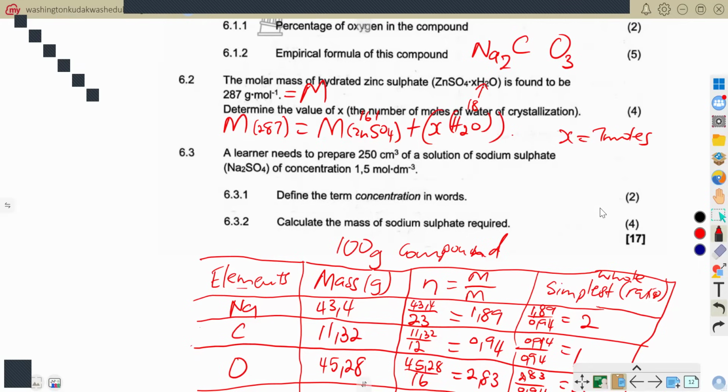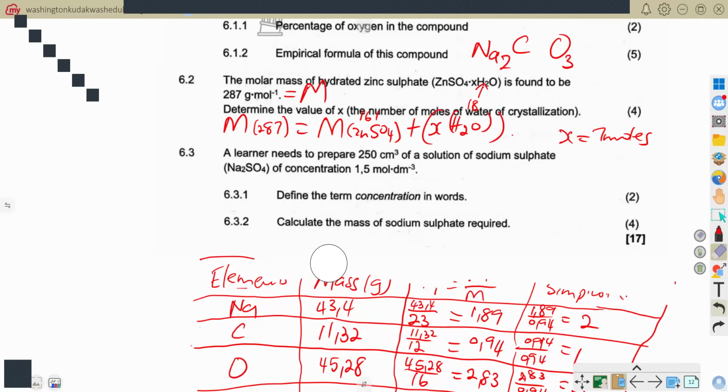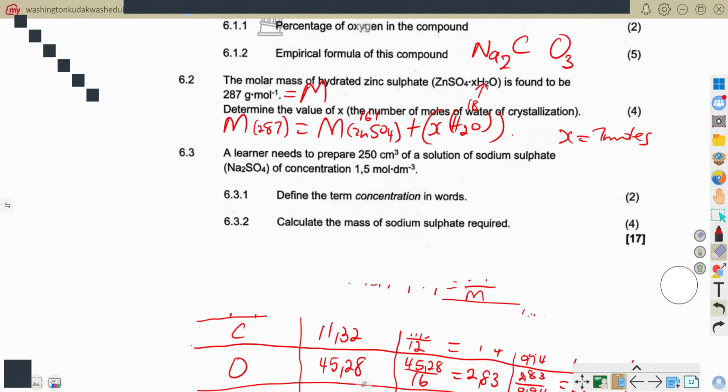So to define that, allow me to rub here. I just want to use this space to define, because we are not going to use this anymore.